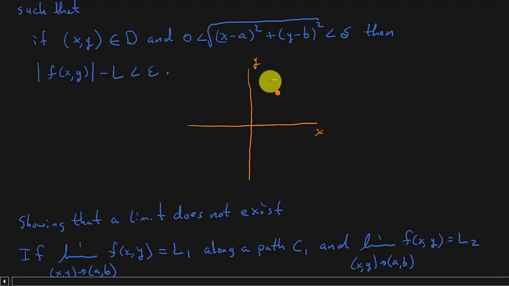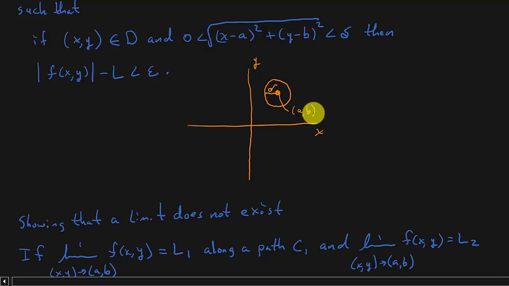We have a little circle around that point, and this radius here, that's delta. I know it's kind of crammed in there, but that's delta. This is your point (a, b).